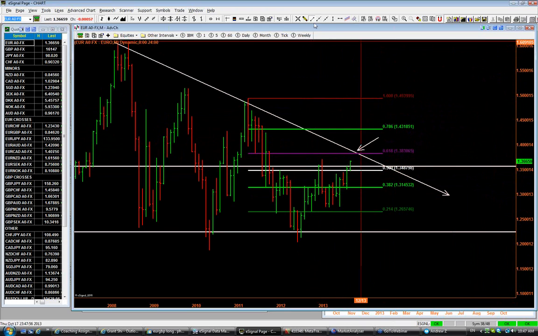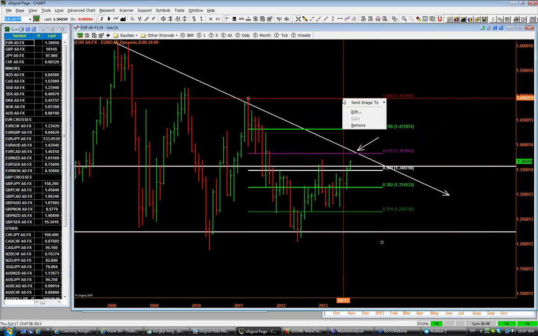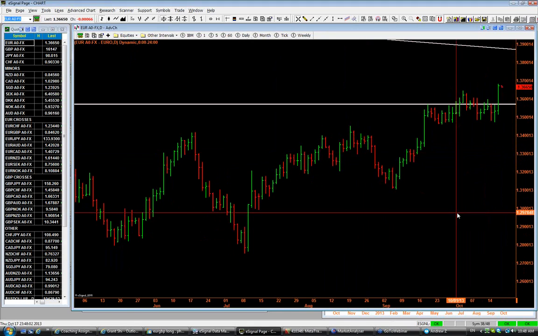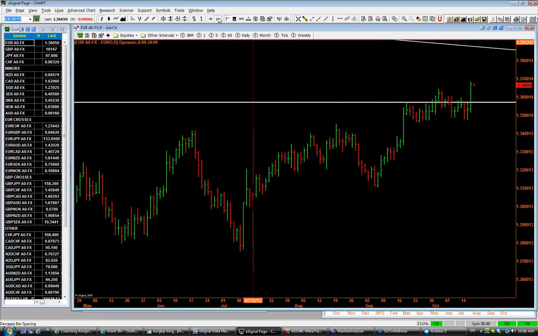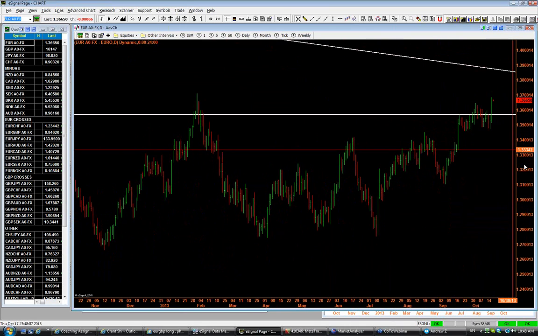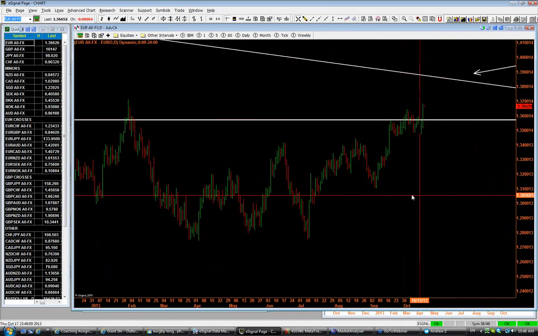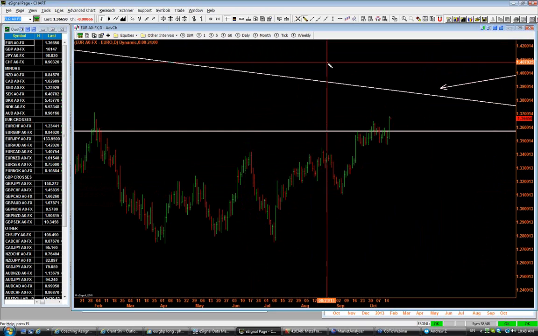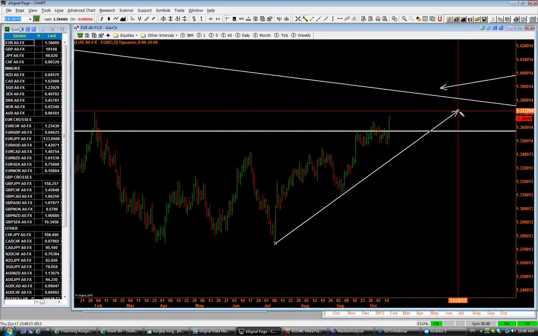Breakout. Let's see how to trade breakout. Oversized bar. Don't worry about the oversized bar. Don't try to chase the price. Okay, draw the trend line.